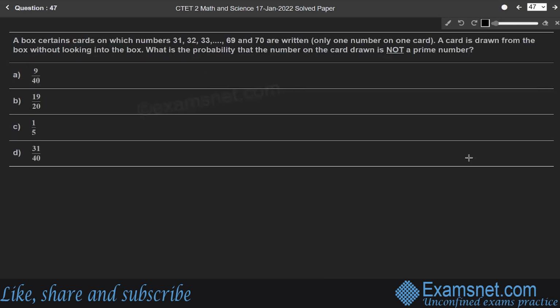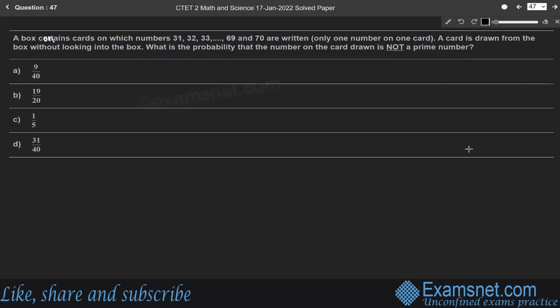Question 47. A box contains cards on which numbers 31, 32, 33 up to 69, 70 are written. Only one number on one card. A card is drawn from the box without looking into the box. What is the probability that the number on the card drawn is not a prime number? Here, probability formula.